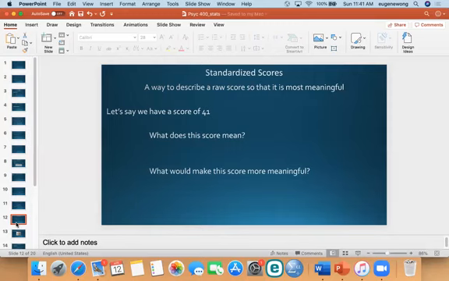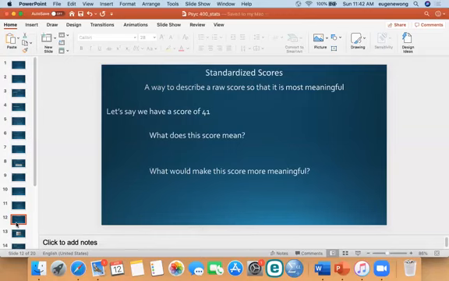Standardized scores are just statistical processes by which we can give more meaning to some number. So let's just say that we have a score of 41. If you just saw that score of 41, you really don't know what that score means, because it's just a number. You have no context around that number.